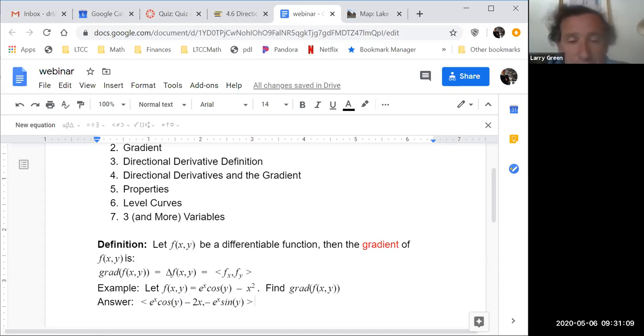Any questions at all on finding the gradient? I just want to let you know that if you're not good already at finding the partial derivative of a function with respect to either variable, you need to get good at it. That's all we're doing. That's what we did 2 days ago. That's what we're doing today. That's what we're going to be doing in 3 more days.